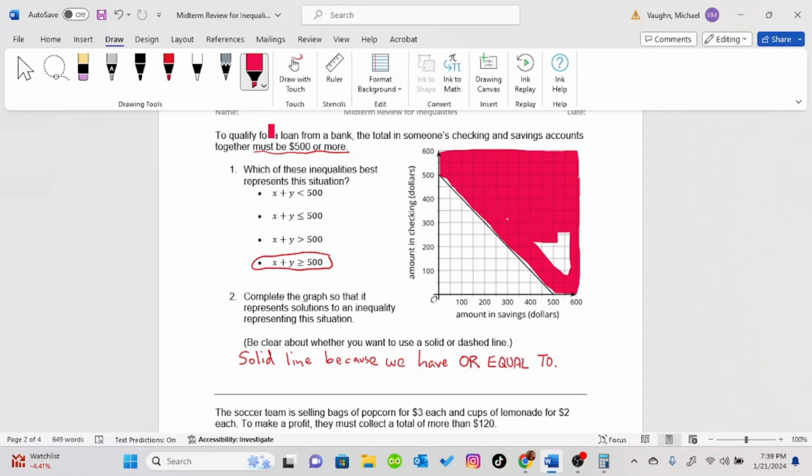So everything in the red shaded region and everything on the line will make this true.